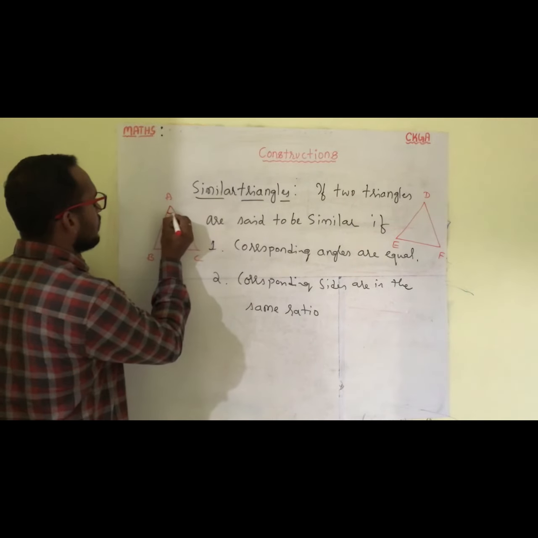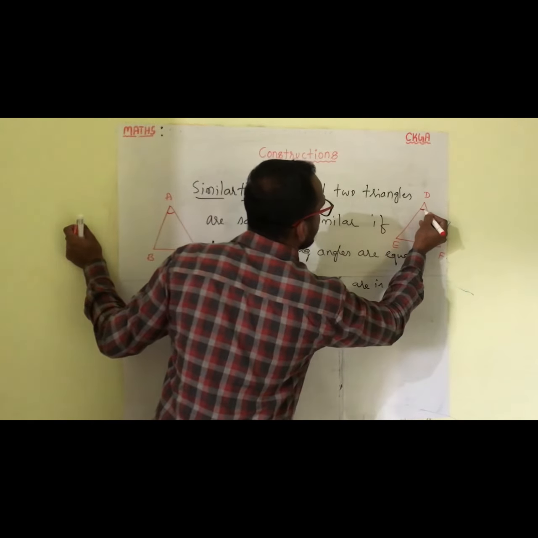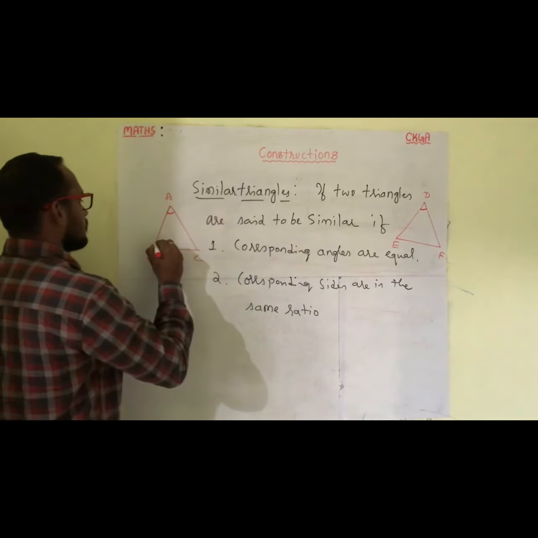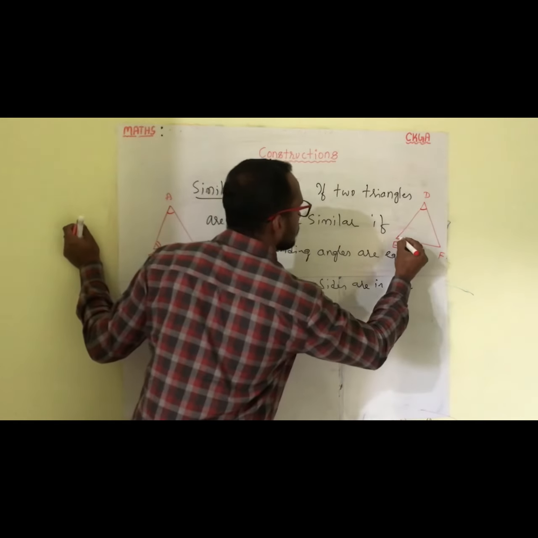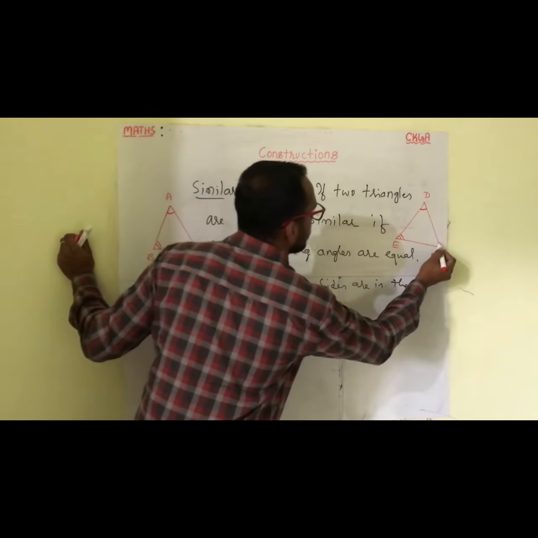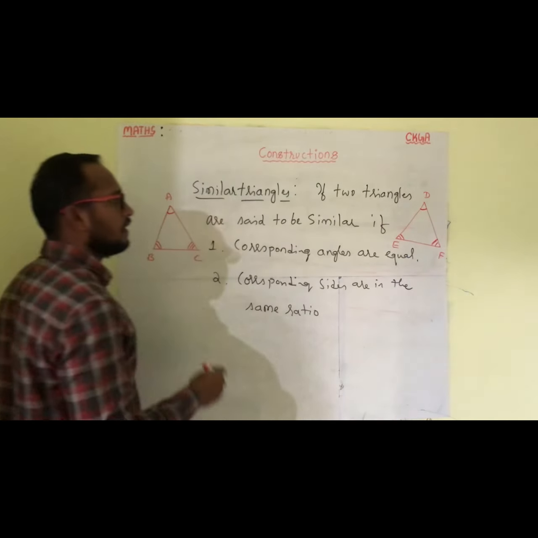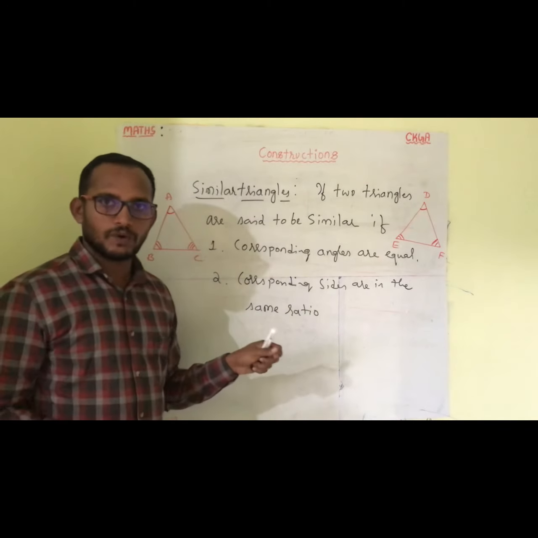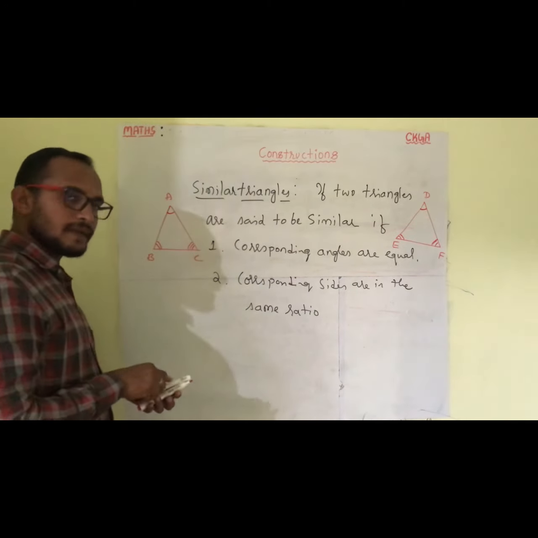The corresponding angle of A is D, the corresponding angle of B is E, and the corresponding angle of C is F.